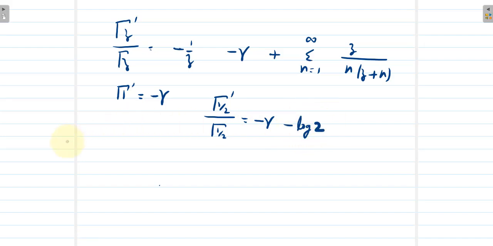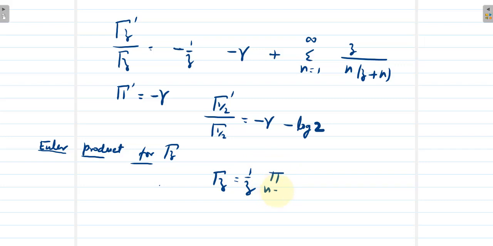Another important result that you should try is the Euler product formula for gamma z. This is also a very important result, and it is gamma z equal to 1 over z multiplication from n equals 1 to infinity.